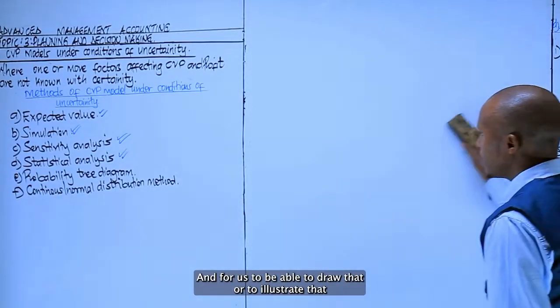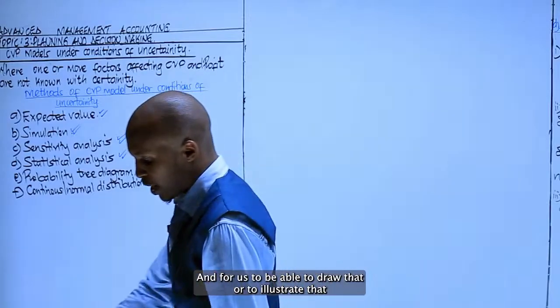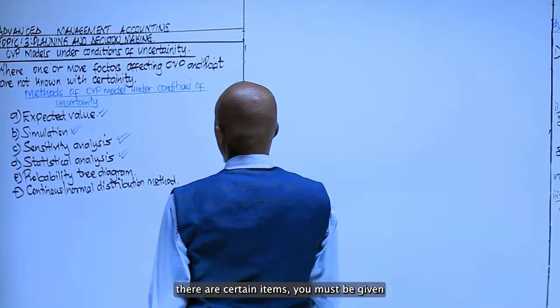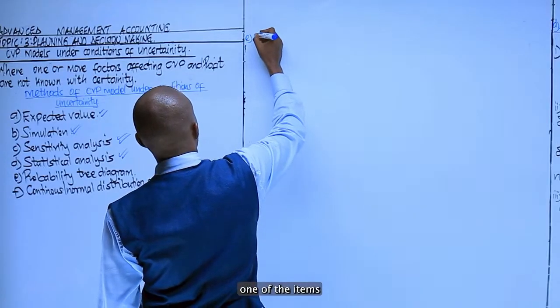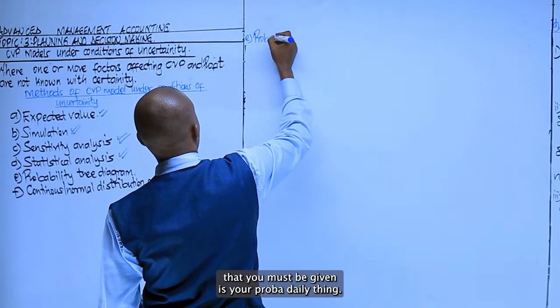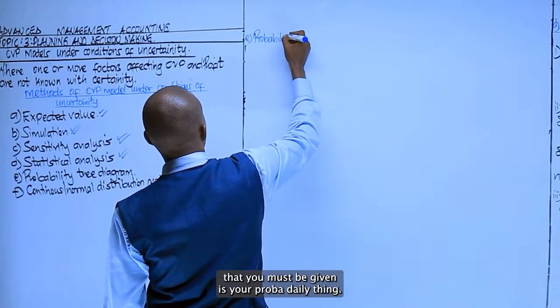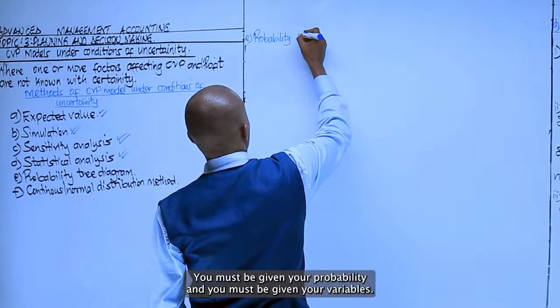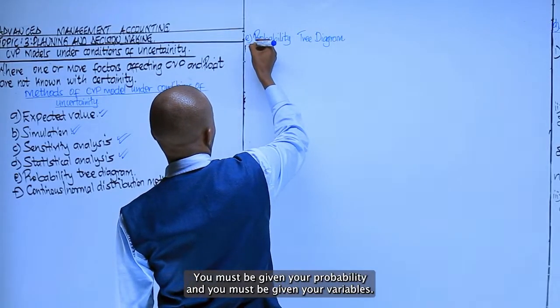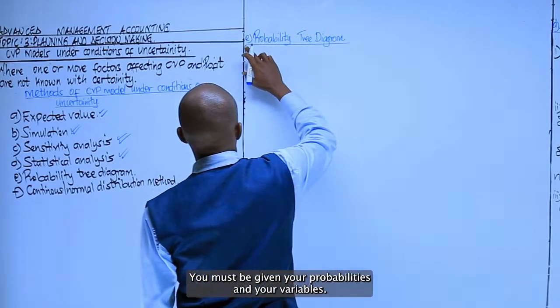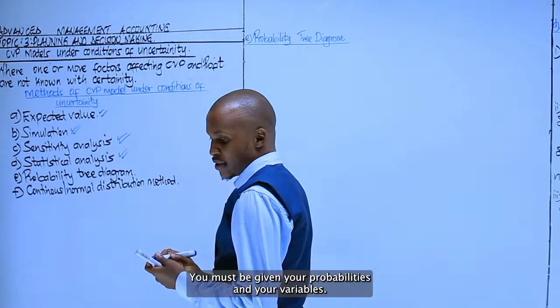For us to be able to draw or illustrate that, there are certain items we must be given. You must be given your probabilities and your variables.